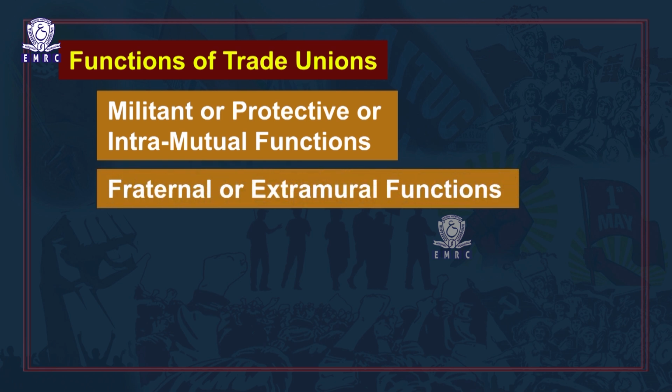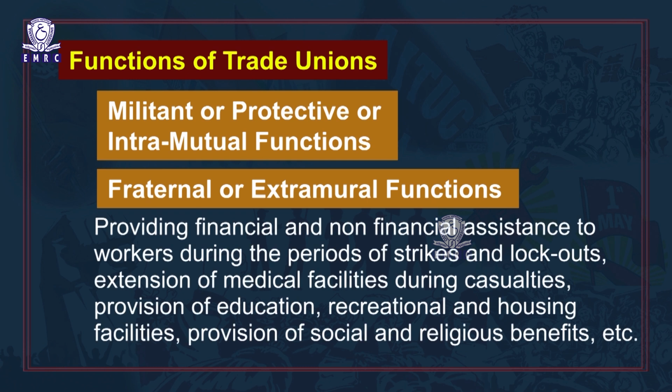Fraternal or extramural functions include providing financial and non-financial assistance to workers during the periods of strikes and lockouts, extension of medical facilities during casualties, provision of education, recreational and housing facilities, provision of social and religious benefits, etc.